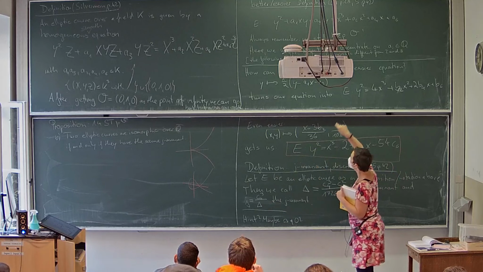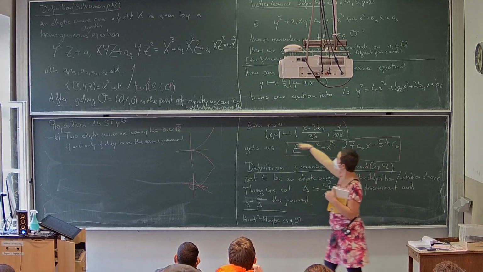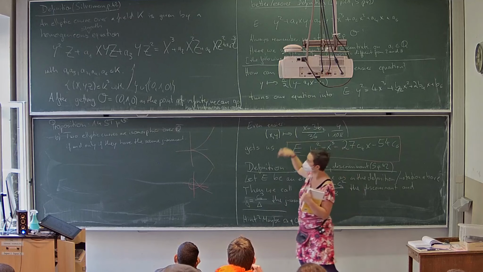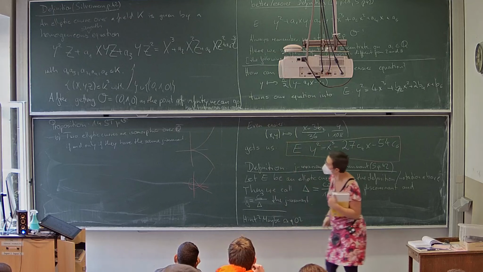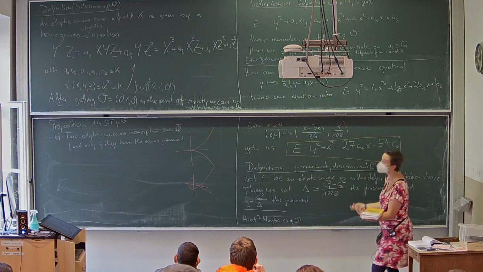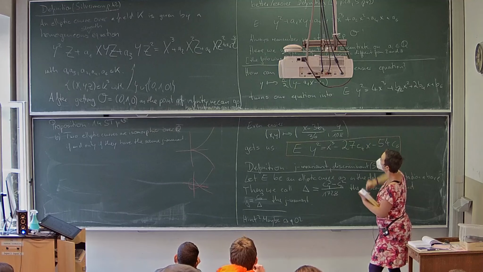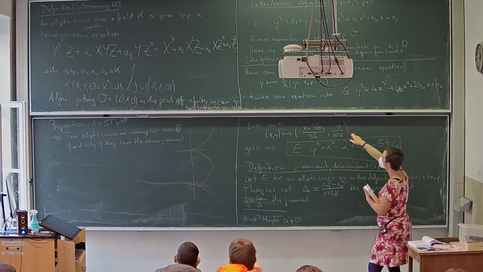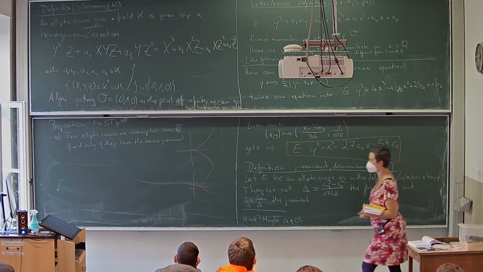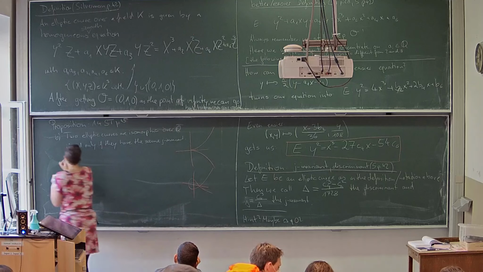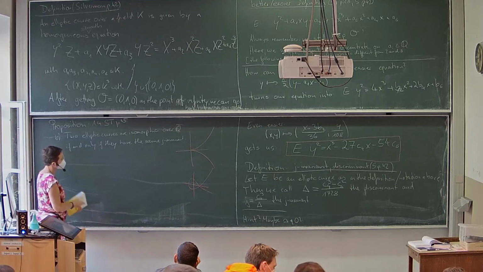So we can go through a change of variables, change of coordinates from one curve to the other, and also the other way around. If two curves are isomorphic, if we can make some changes, then they also have the same J invariant. I think it's only a few lines, but it's good to think about it and write it down.